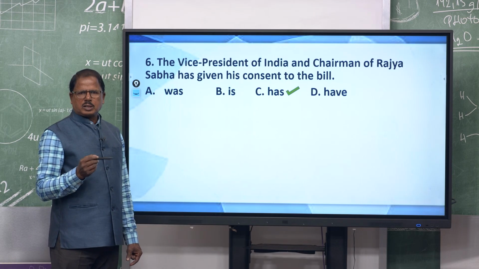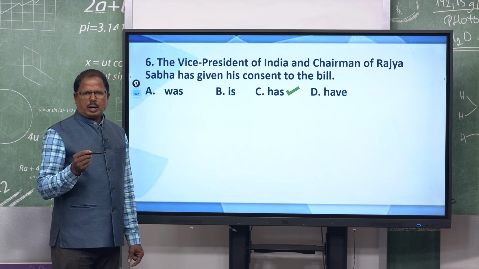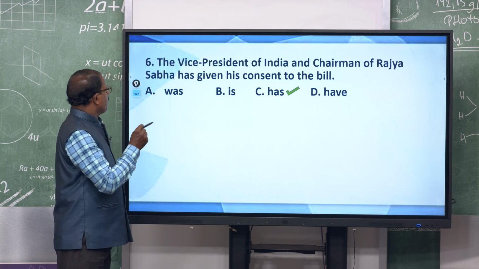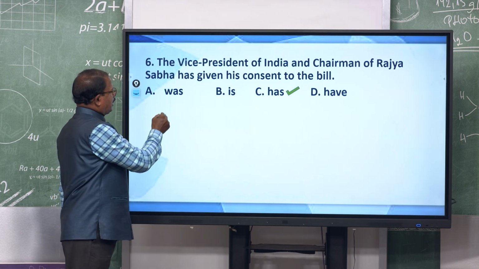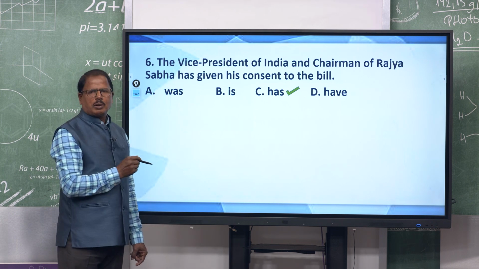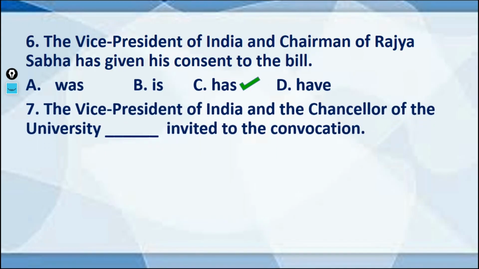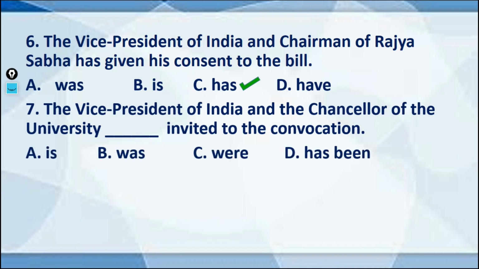So the Vice President of India and Chairman of Rajya Sabha has given his consent to the bill, right. Question number 7: the Vice President of India and the Chancellor of the University dash invited to the convocation, right, and the options are A is, B was, C were and D has been.